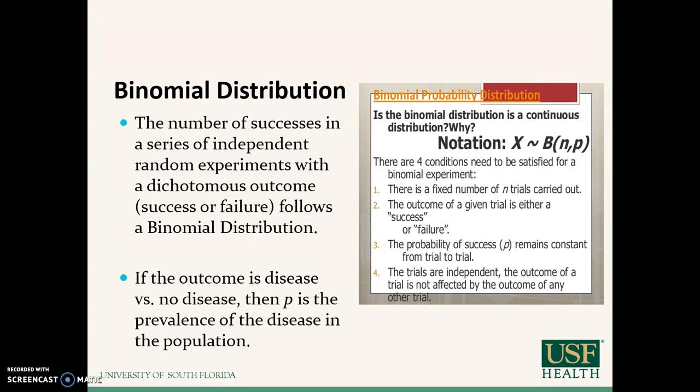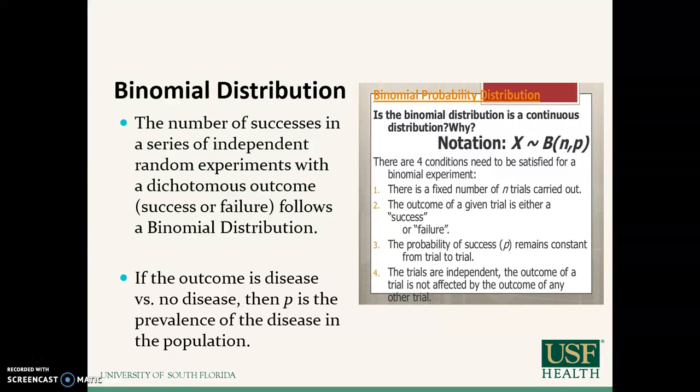So more formally, if you want to define a binomial distribution, then we can make the statement like this. The number of successes in a series of independent random experiments with a dichotomous outcome, meaning success or failure, follows a binomial distribution.